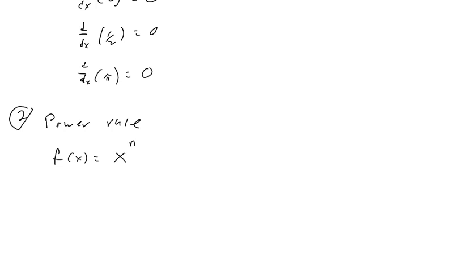For any exponent, if I do the derivative, d dx of x to the n, I'm going to bring the n down in front of the problem, make it n times, and then take my n and subtract 1.